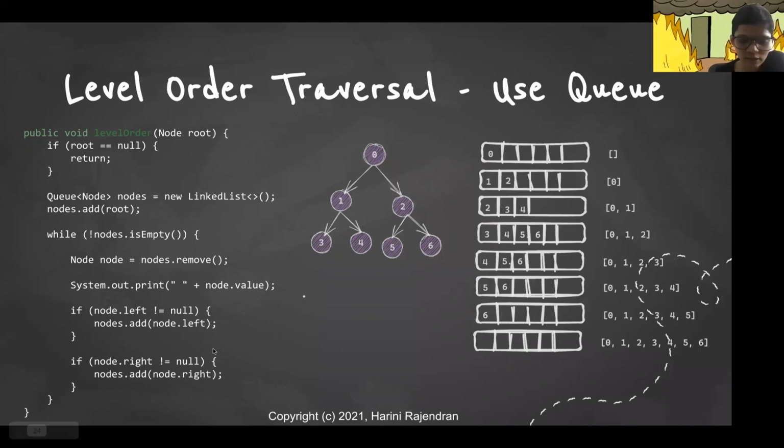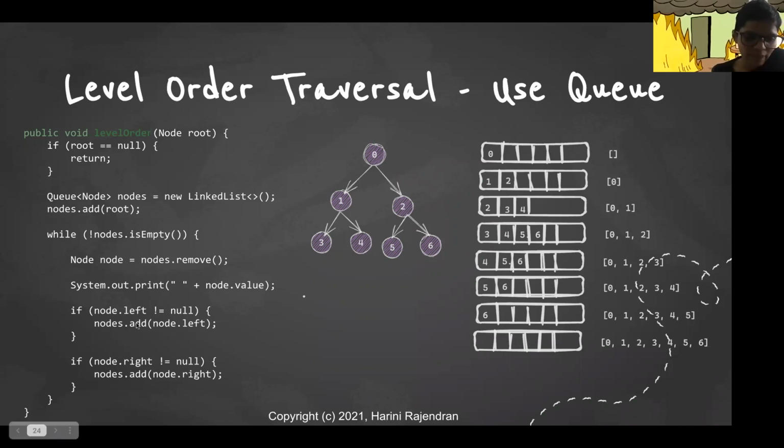So here, the concept that I spoke about is converted into code. Here I'm defining a queue using a linked list implementation. As a first step, I'm adding the root element to the queue, which is 0. And while the queue is not empty, I'm removing one element from the queue and adding it to the result set; here I'm just printing it.